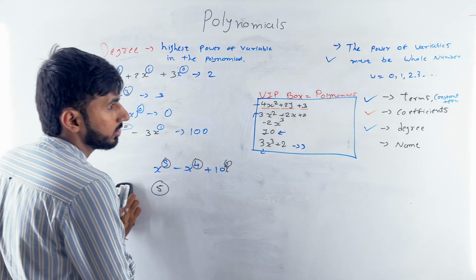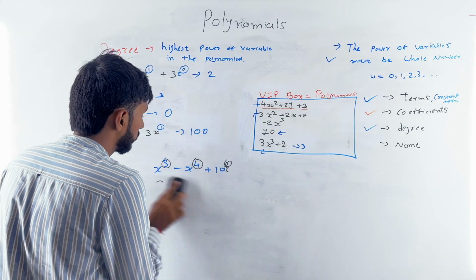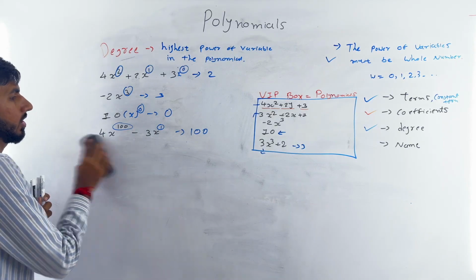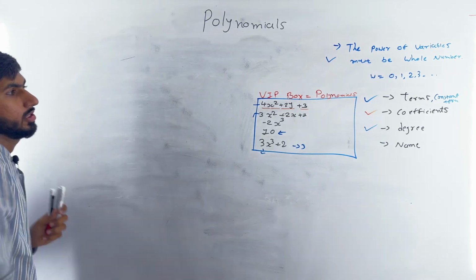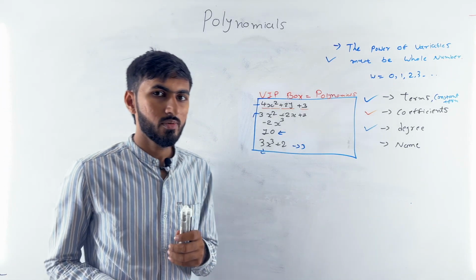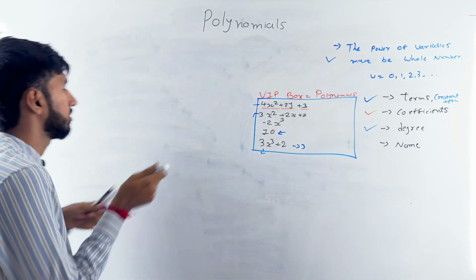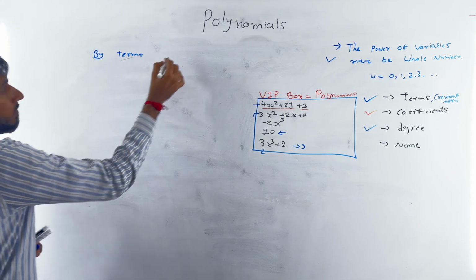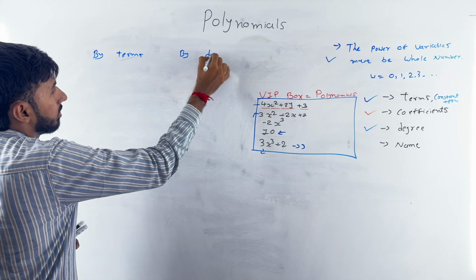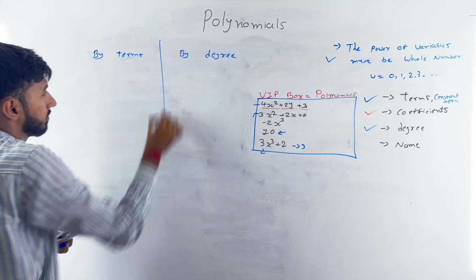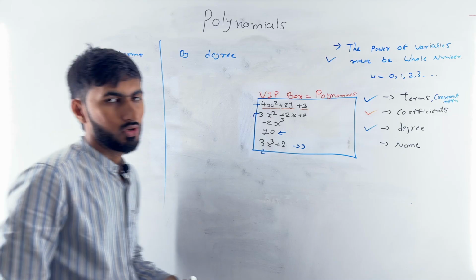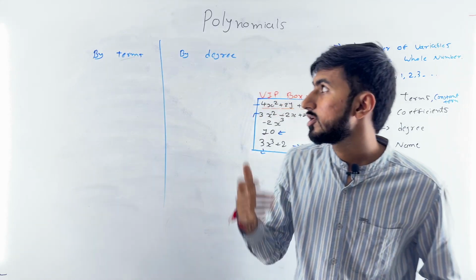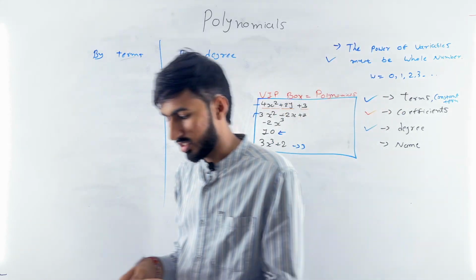So we have studied the terms, coefficient and degree. Now it comes to name. How to name a polynomial? There are two different ways to name a polynomial. One is by terms and one is by degree.